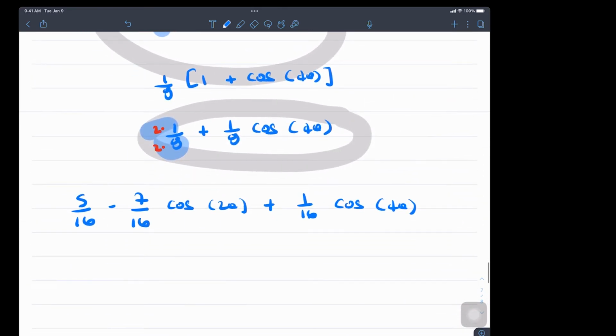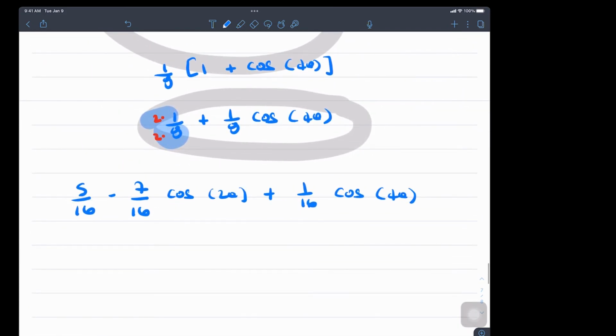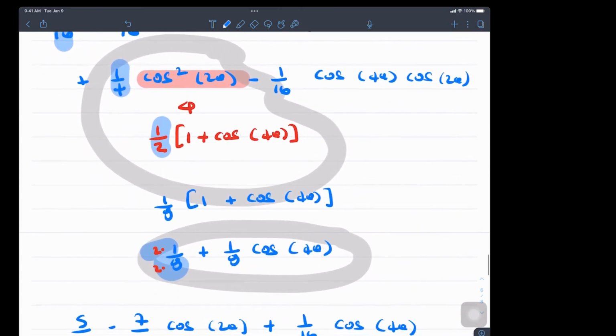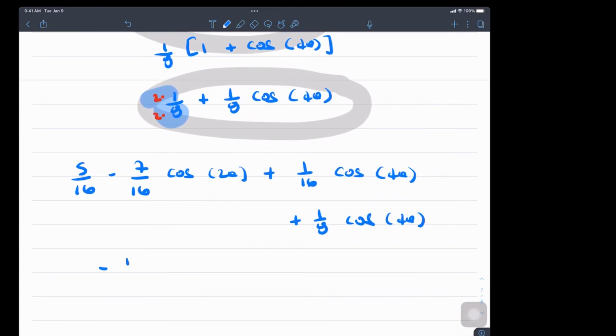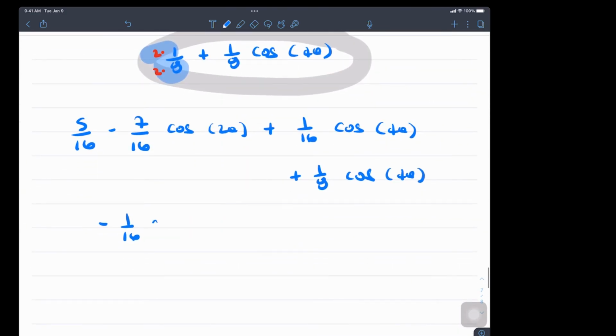Now this will be again plus what? We already added these two. 3/16, 2/16. So I'm going to add that plus 1/8 cosine 4 theta, right? And then you got that minus 1/16 portion. So minus 1/16 cosine 4 theta.